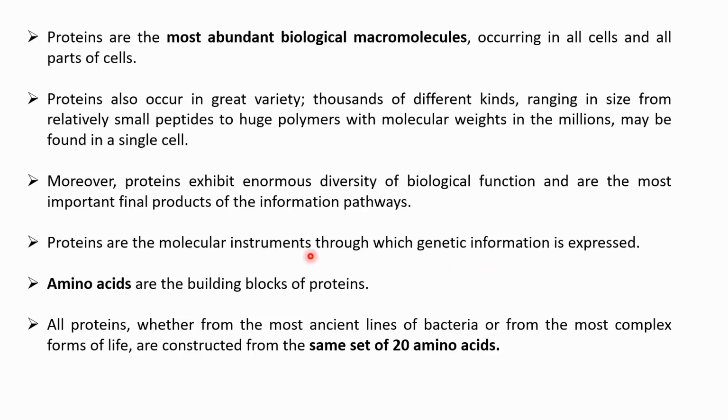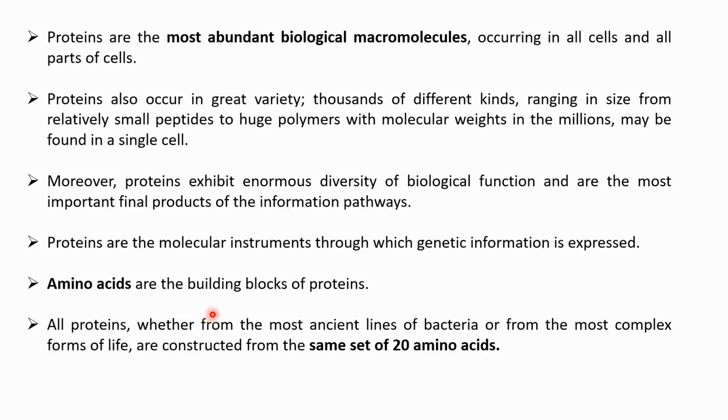Now, what are the building blocks of proteins? Proteins are made up of smaller units known as amino acids, which are the building blocks of proteins. All the different kinds of proteins present universally in any bacteria or any living organism are made up of amino acids.